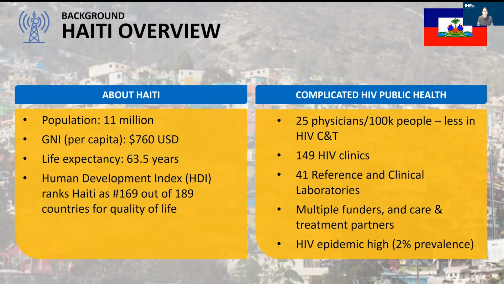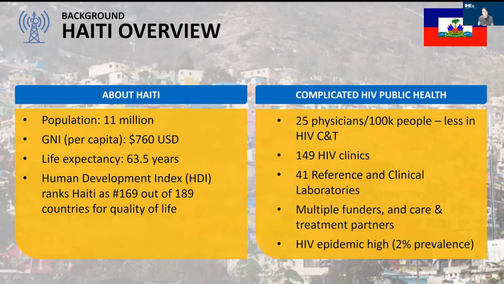They have 149 HIV clinics across the country. They have 41 different labs. Some of those are in the clinic and fairly small and will only do a handful of different kinds of lab tests. And there's really only like 2 laboratories in the whole country that will do the full panel of tests that are needed a lot of times.